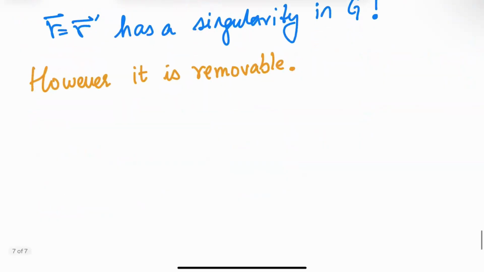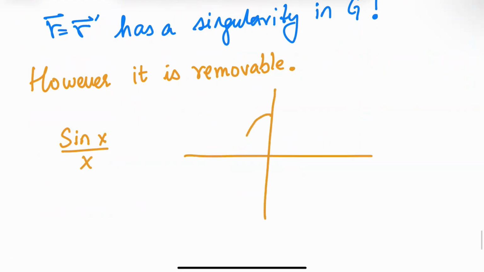But just to give you an example, right, if I take the function sine x over x, if you plot this, it looks something like this. Right, of course, at x equal to 0, this is not defined, right?